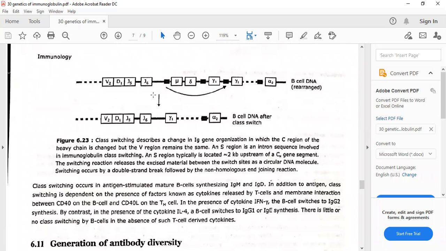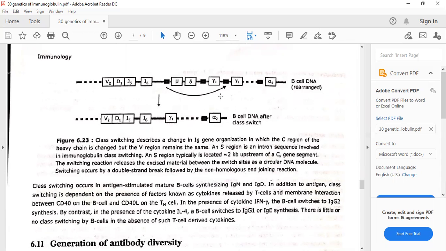So when the variable recombination, this VDJ recombination, has happened, the constant region will be here, in which these are the chains: mu chains, delta chains, gamma 3, gamma 1 chains, and alpha 2 chains. So mu is responsible for immunoglobulin M, delta is for immunoglobulin D, gamma is for immunoglobulin G, and alpha is for immunoglobulin A. On the basis of the presence of these chains, the antibody will be selected.